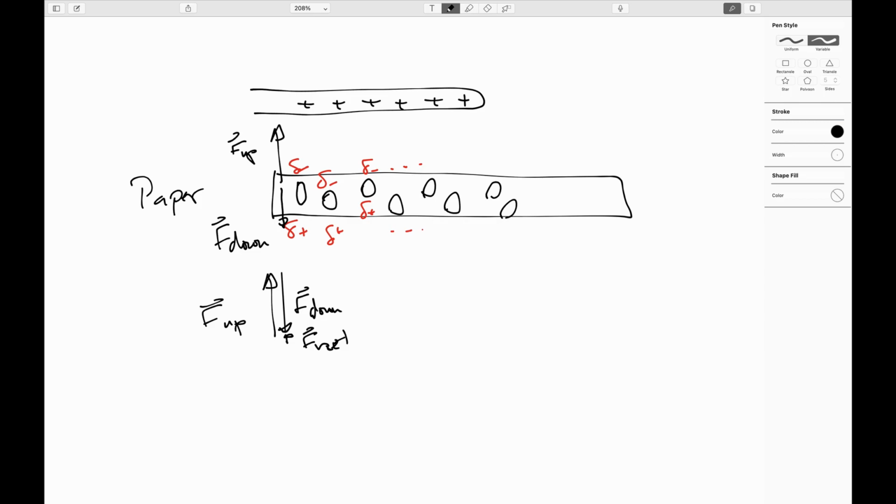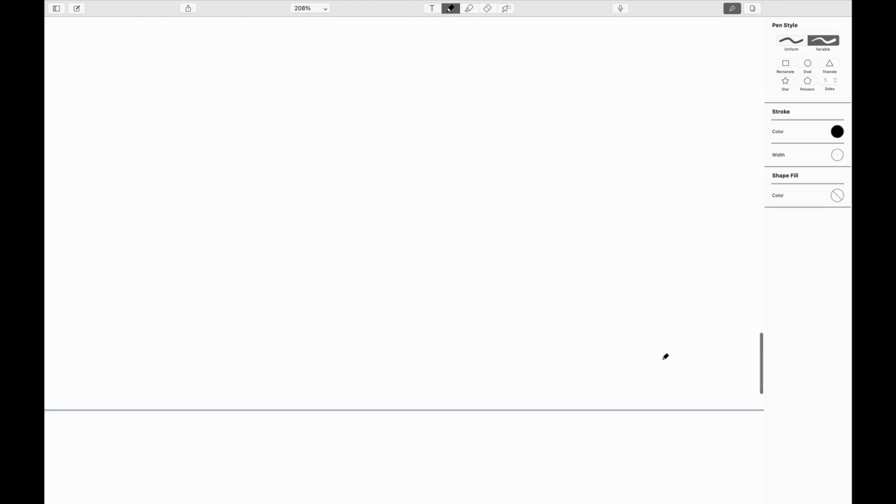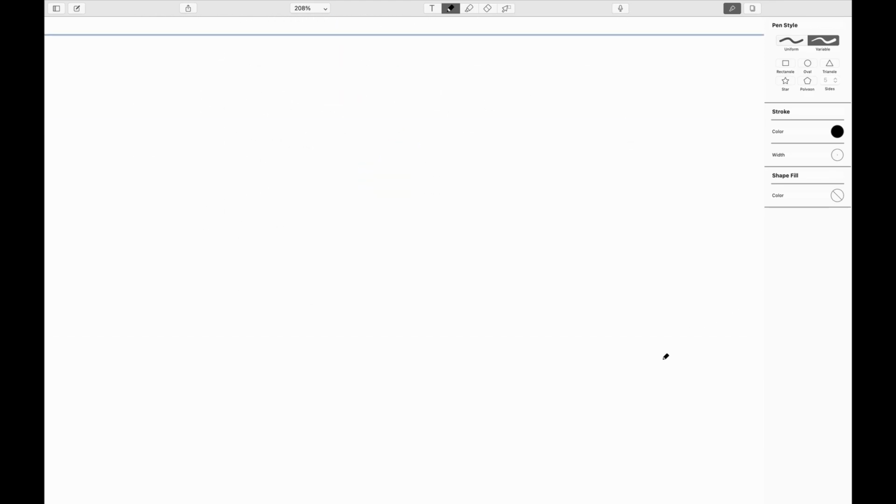All right. So we'll finish out with a couple other quick observations here. One is a property of electric charges called charge quantization.